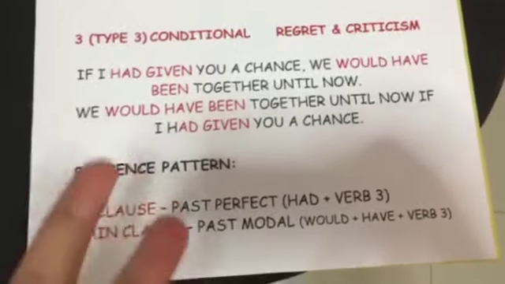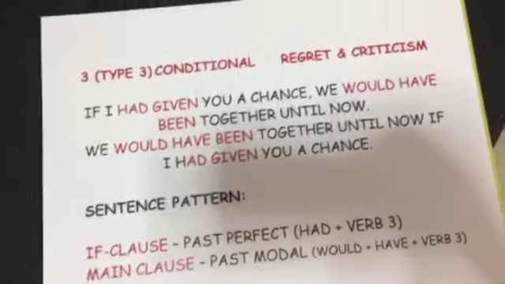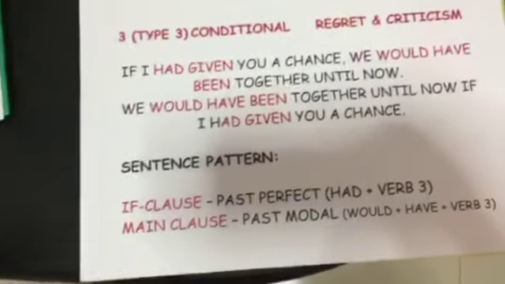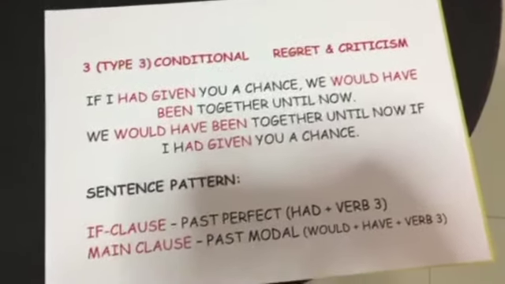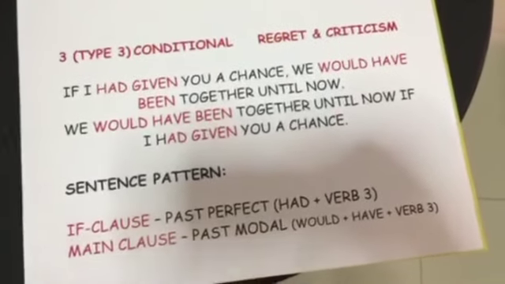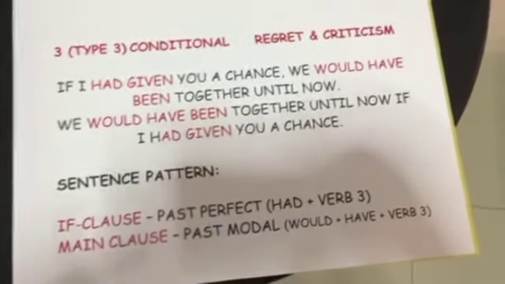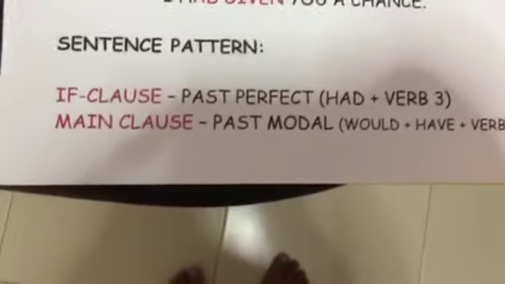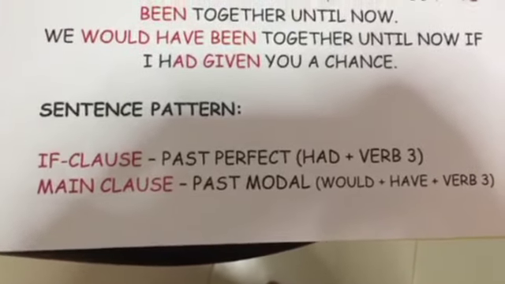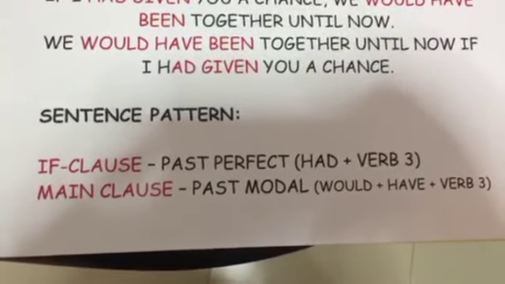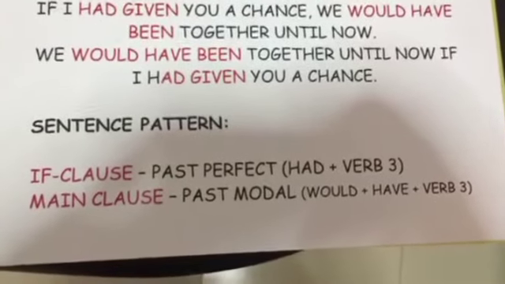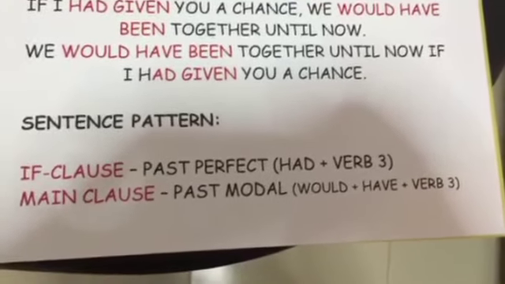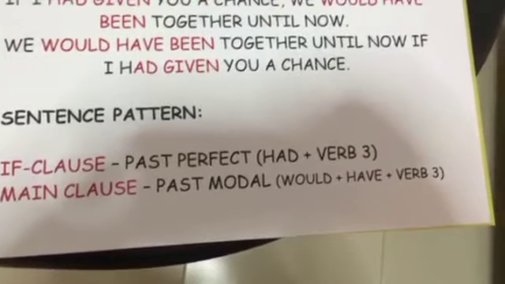Or you have criticism, you want to share, or you want to have comments about something. So also, you need to use third conditional sentence for that. What is the sentence pattern? If clause, you have past perfect, had plus verb 3. In the main clause, you have your past modals, would, could, might, plus have, plus verb 3.